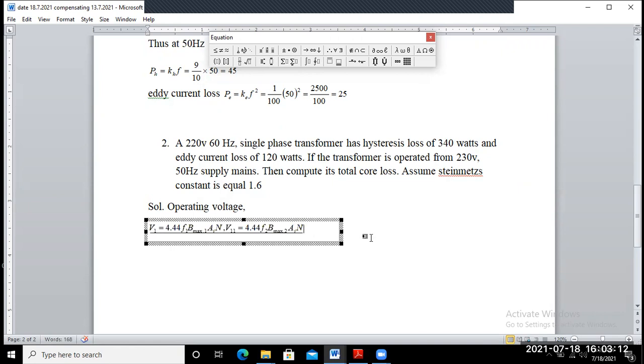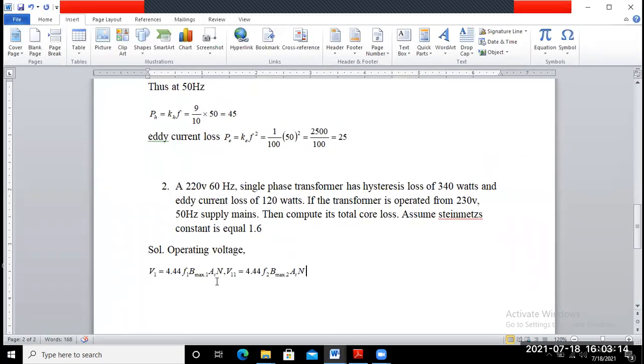So if we divide equation number 1 by equation number 2, we will get V1 divided by V11. If this equation is divided by this equation, how can we write the relation? Let's see.